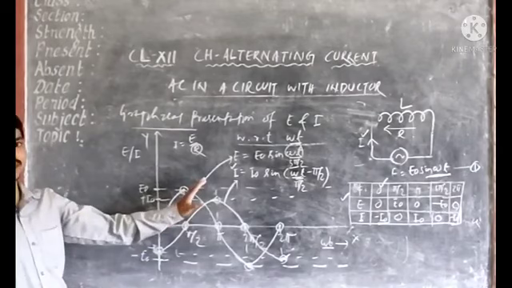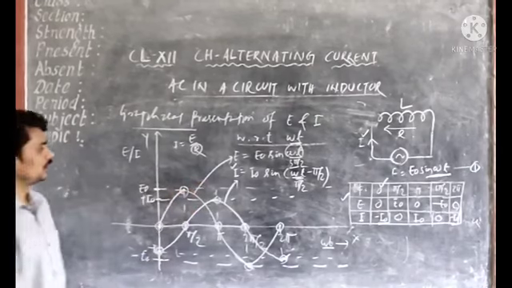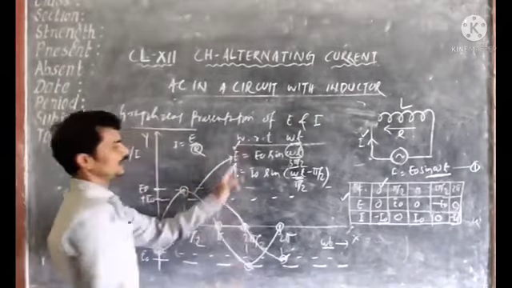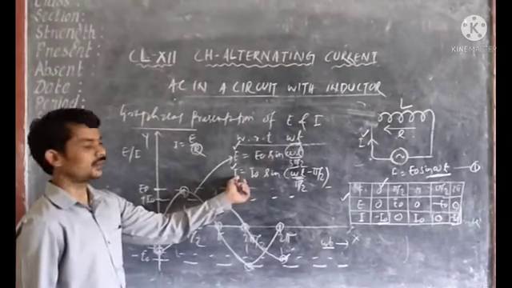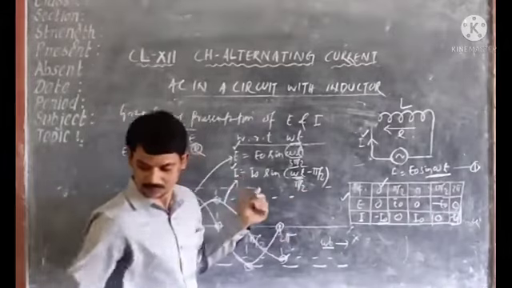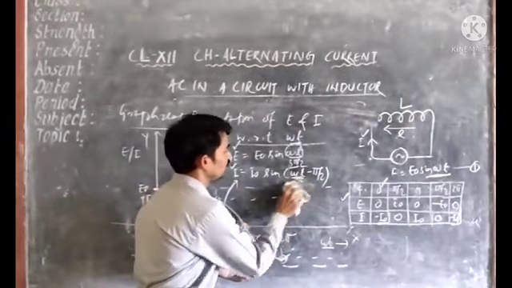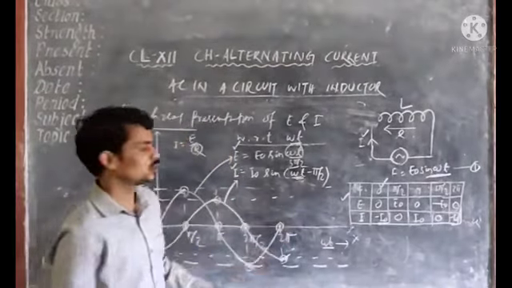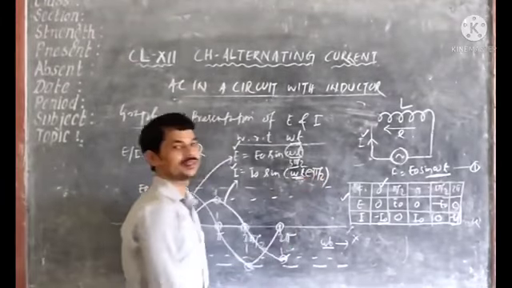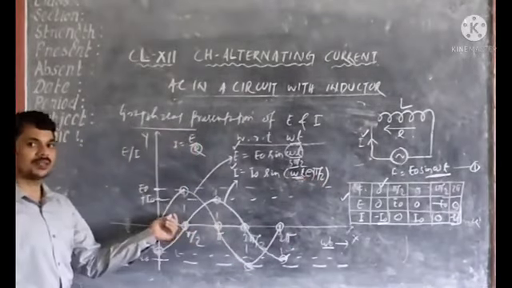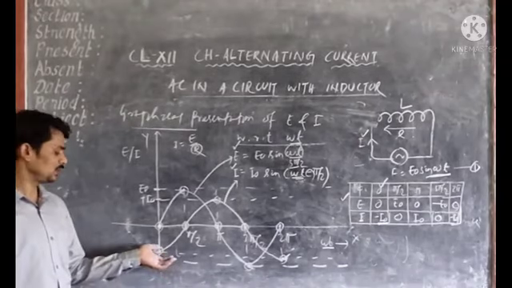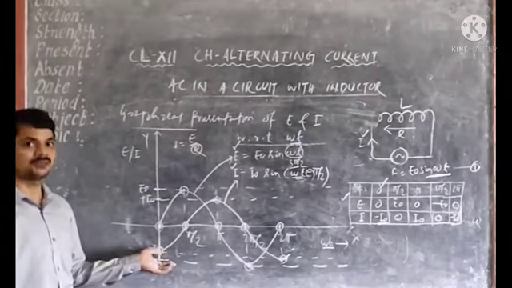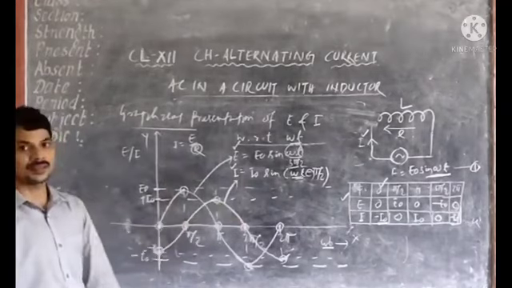Here you have to notice, how to remember: we know the graph of E is a sinusoidal graph. But when we look at the current, a phase difference of minus pi by 2 is present. So as it is minus, always you have to start the graph from the negative y-axis. Remember like this. Then you will get the current graph.